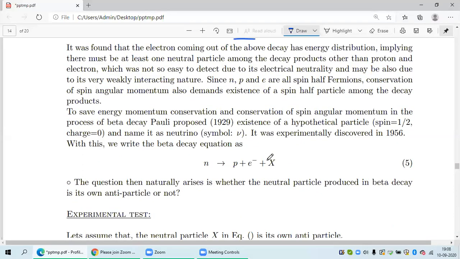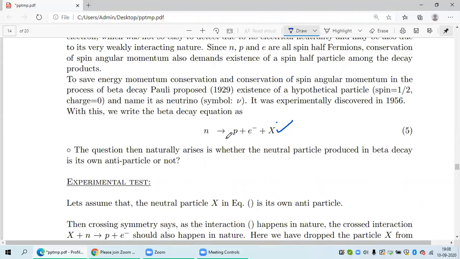So let's call this particle again X, the general symbol for neutral particles. This unknown neutral particle was first introduced by Pauli in 1929, and he named it the neutrino, to save the energy momentum conservation principle. To satisfy energy momentum conservation given that the electron has an energy distribution, there must be an extra particle here.